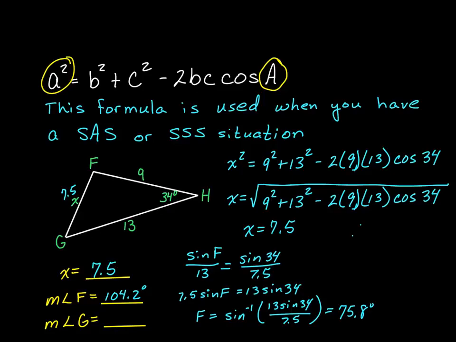Again, that's 180 minus 75.8. And then you can add the 34 and the 104.2 together. Subtracting from 180 will give you 41.8 degrees for the measure of angle G.